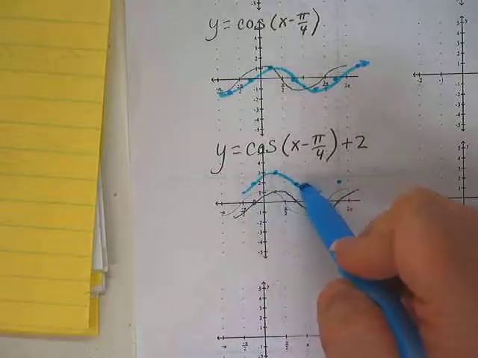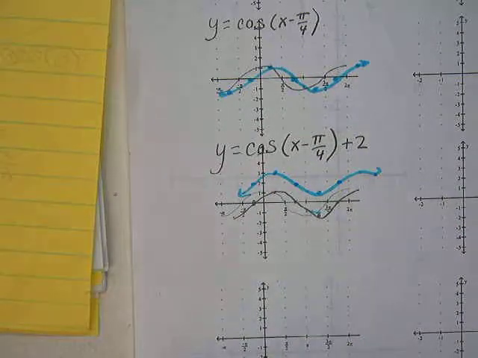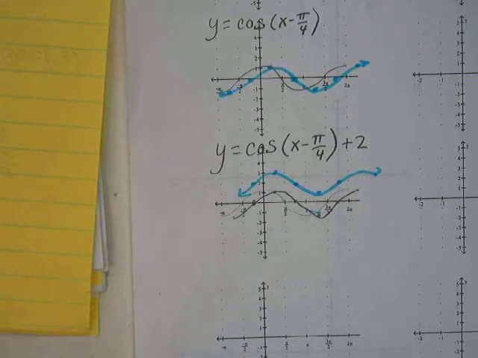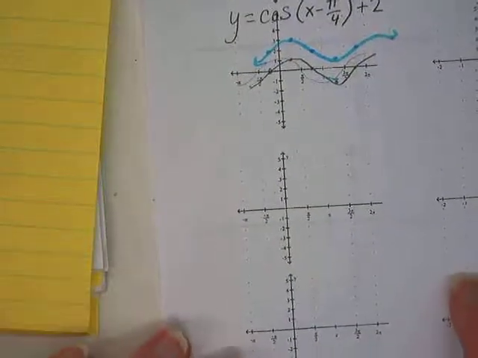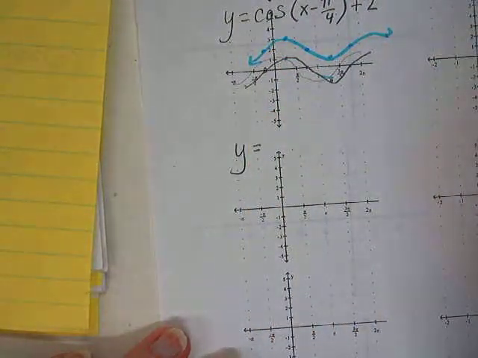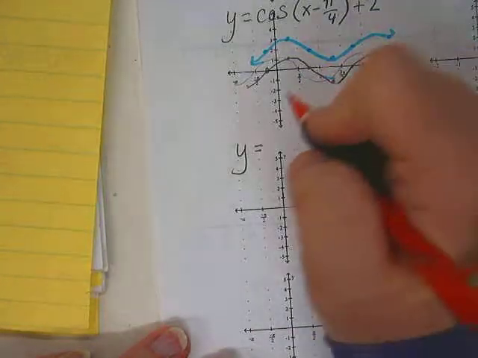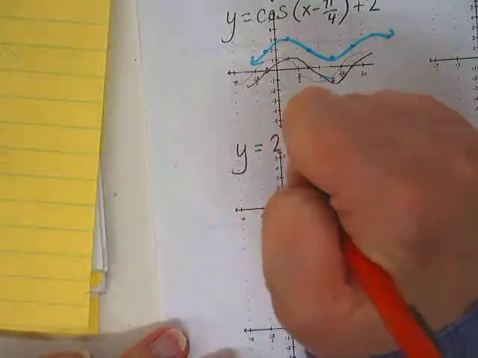So there's a key point moved up 2, there's a key point moved up 2, key point moved up 2, that one I went too low. Key point moved up 2. So now we have 2 different shifts going on. We have a phase shift to the right, and we also have a vertical shift upward. So that our range has changed. Is the domain changing on any of these problems? Domain is always all real numbers on sines and cosines.